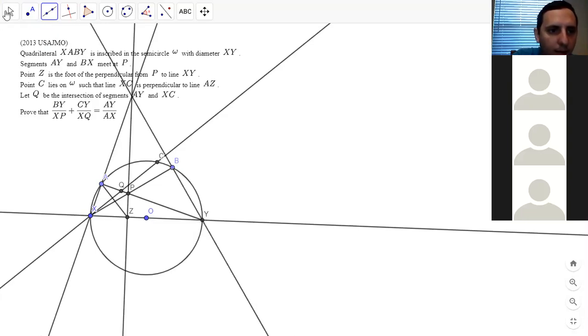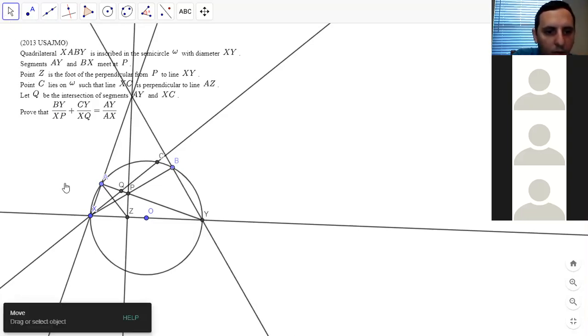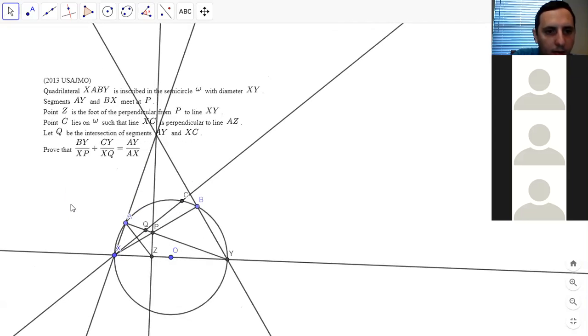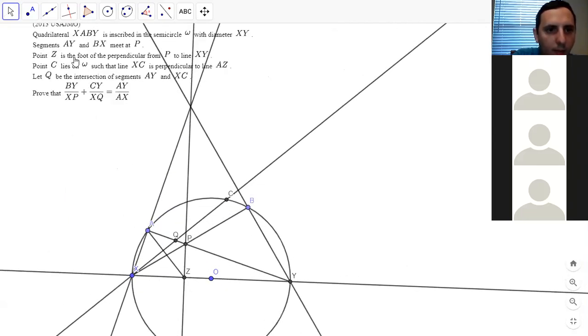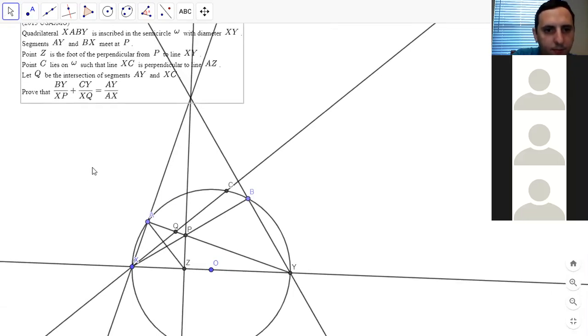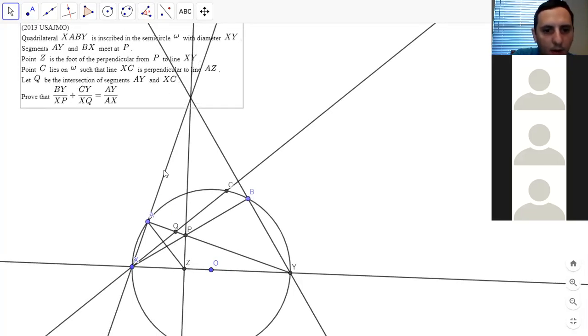There we go. All right, so I could make it a little bigger. ABOZ is cyclic because of the 9-point circle. So ABOZ is cyclic.